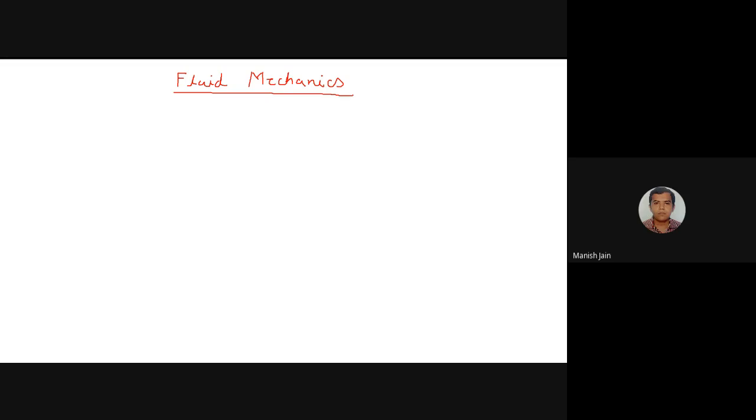Otherwise, the basics are the same, and 80% of the subjects are the same. The other 20% is different in all three branches. So we will start with fluid mechanics. Fluid mechanics is basically divided into two parts.